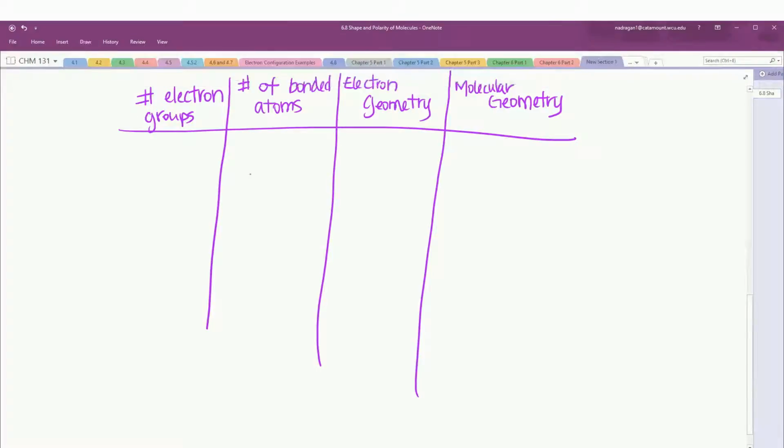Alright, so if the number of electron groups is 2, the number of bonded atoms is 2, then it's going to have a linear electron geometry and a linear molecular geometry. So that's like the CO2 example we just did. If it has 3 electron groups and 2 bonded atoms, then it's called trigonal planar.